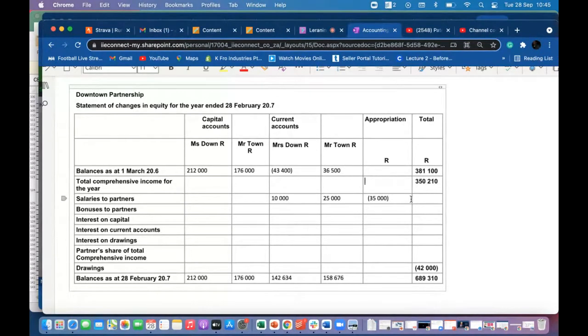And this profit here is also supposed to be here, because remember, the profit gets distributed from the appropriation account. Okay. Bonuses: only Mrs. Down received a bonus, and that was for 35,021. This is also another negative.